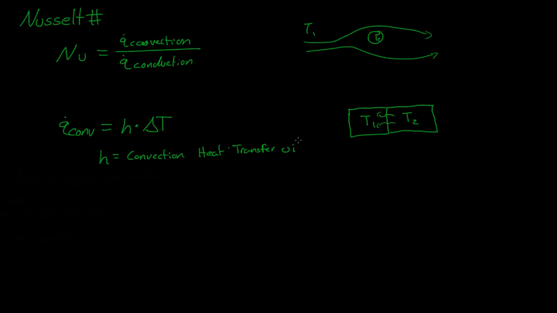And it varies from liquid to liquid and how fast that liquid's moving. But the units of H are watts per meter squared degrees Celsius. So now we have what Q convection is.